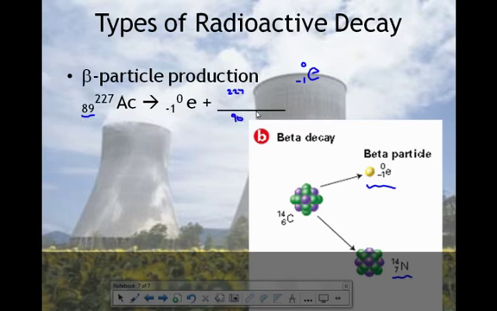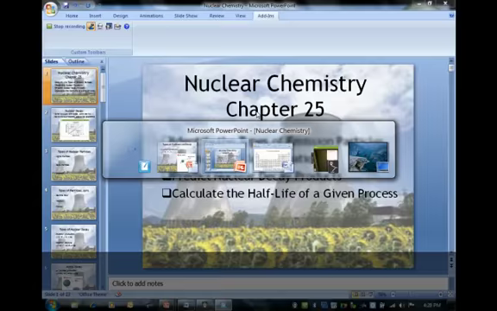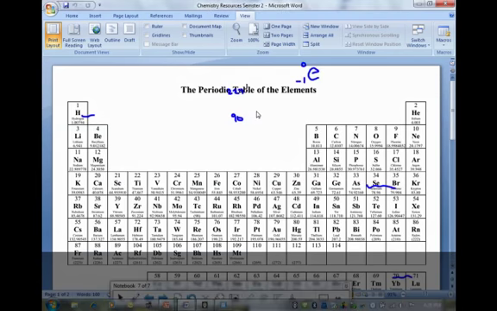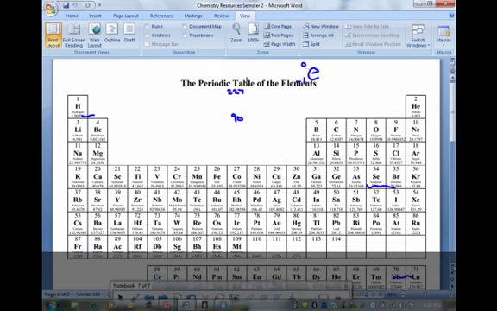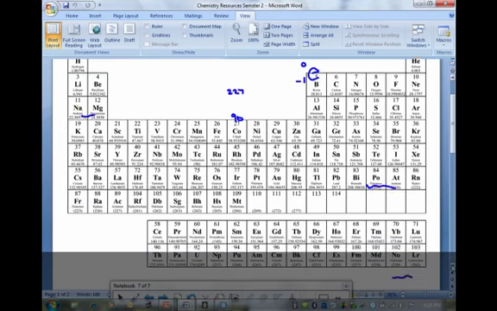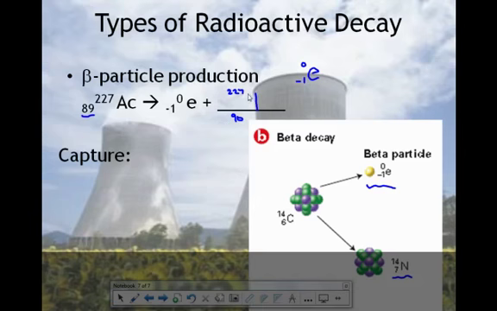Now let's look at the periodic table and see which element has the number 90. It's down here, down low. I need my cursor. Number 90 looks like thorium. And we write for the product the symbol for thorium, Th, because beta particle production of actinium results in the formation of a thorium nucleus and an electron.